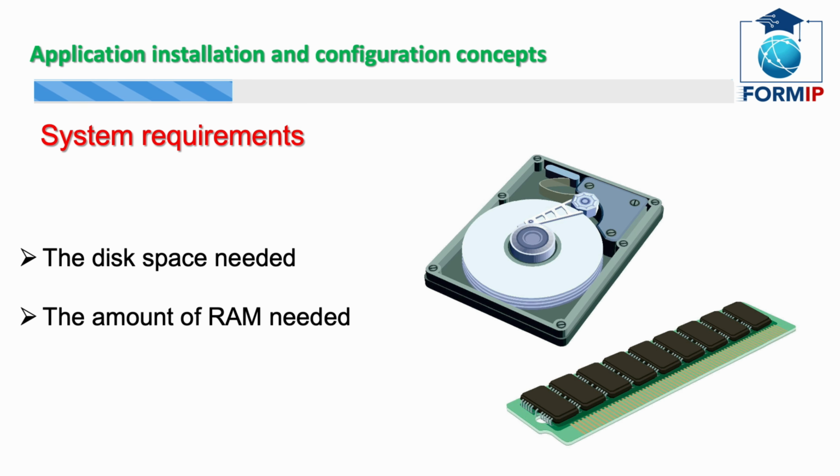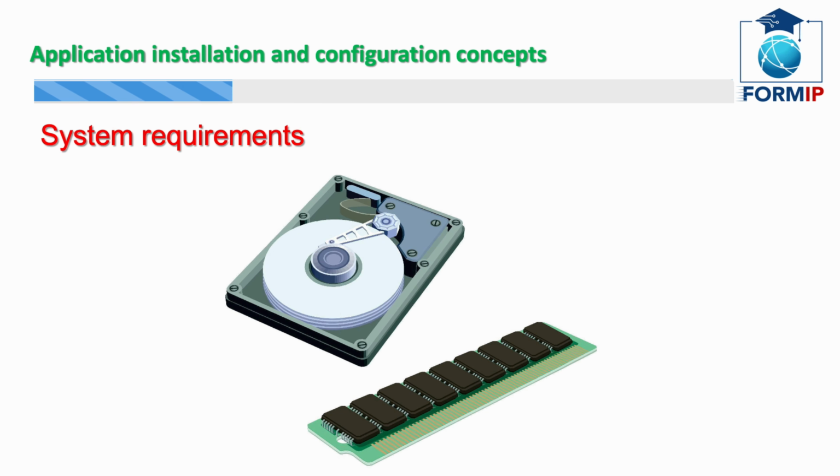If the disk space is less than that requested, then it will simply not be possible to install the application. You'll have to add or replace the existing disk to get the required amount. And if the RAM is lower than that requested in the prerequisites, then the application will experience high latency. You should also be aware that if the system runs out of RAM, it will borrow space from the hard disk.